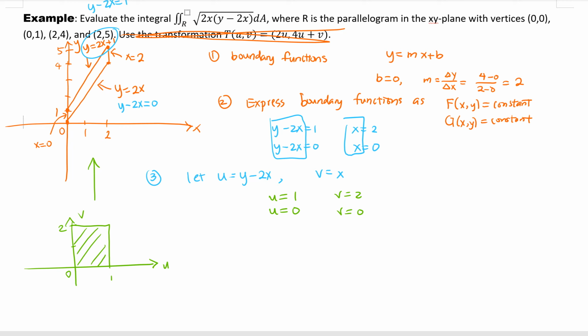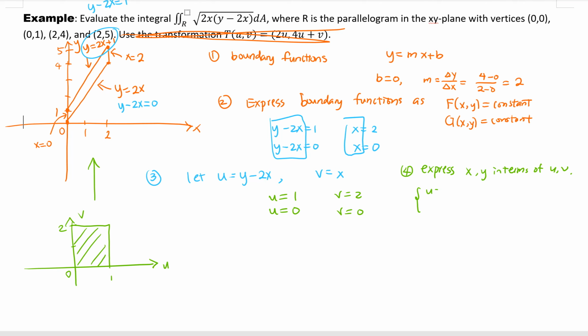Okay, next we want to figure out the Jacobian determinant. So we want to express x and y in terms of u and v. So step 4, express x and y in terms of u and v. Okay, so how do we do it?